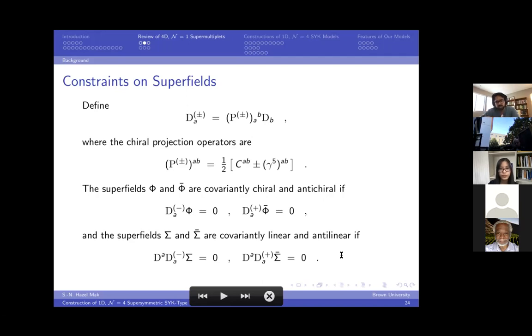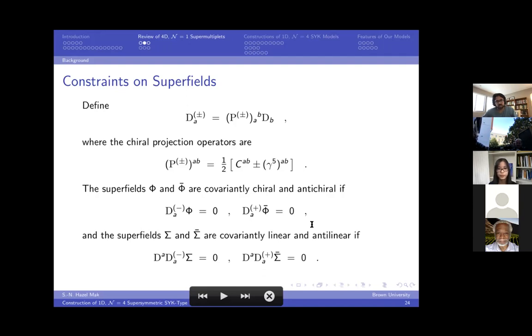So sorry, what is capital C? Oh, this is the spinor metric. Yeah. So these are, we are in 4D, so maybe sorry, I should have defined this. So this is the spinor metric, and this is the gamma 5 matrix like construct by like you have a Dirac matrix like gamma 0 to gamma 3. Yeah, I understand the gamma 5, but yeah. I don't know what is it, This like is the spin? Spinor metric. So yeah, it's a may I so may I interject here, Hazel?